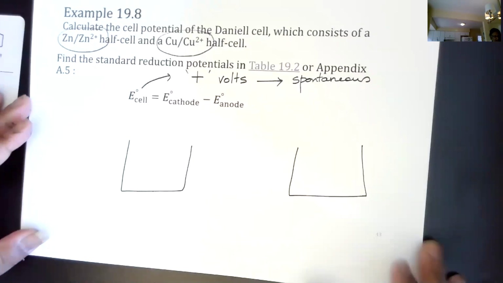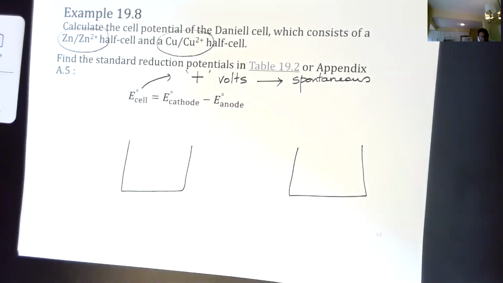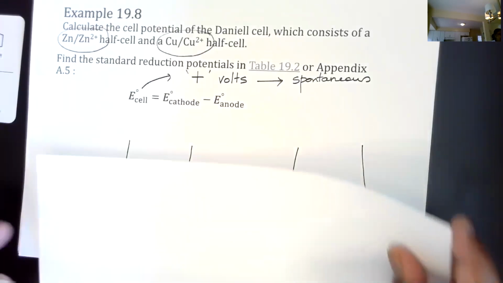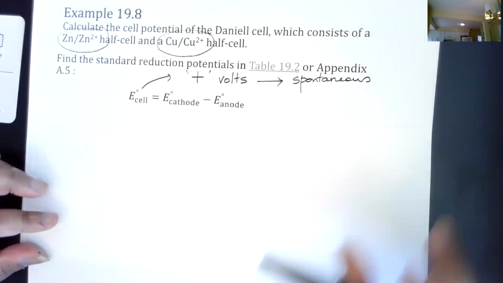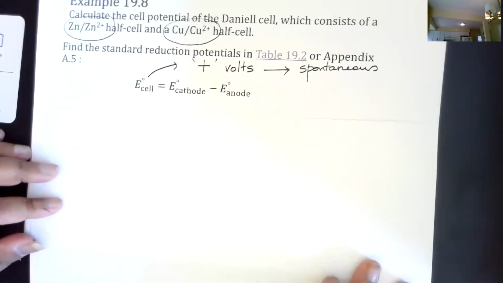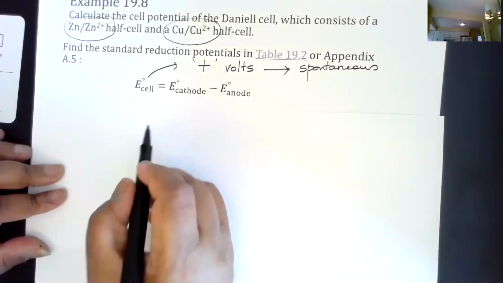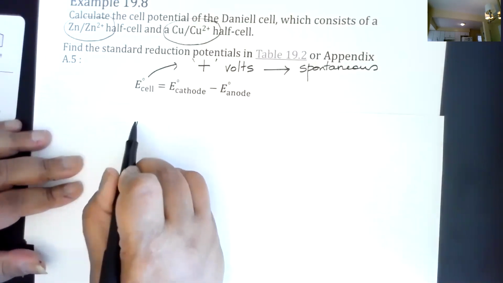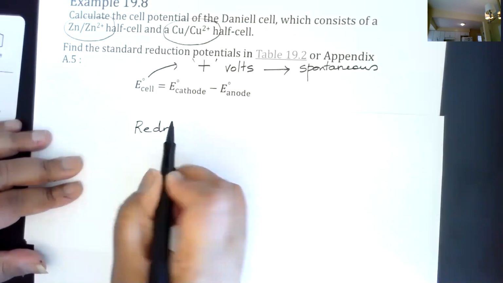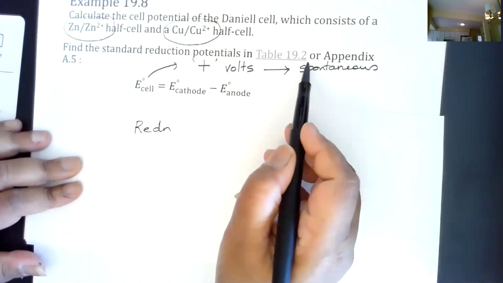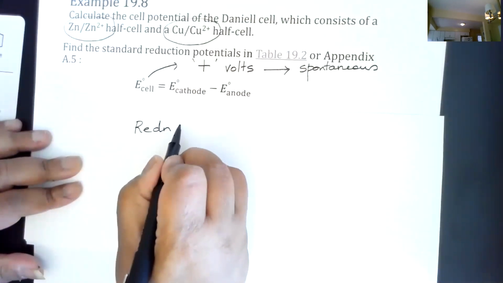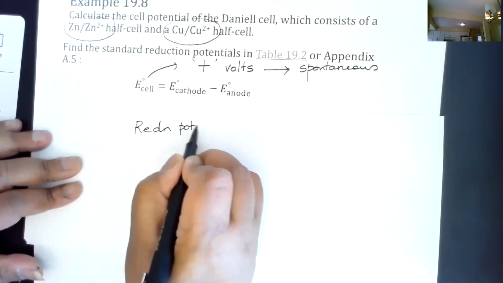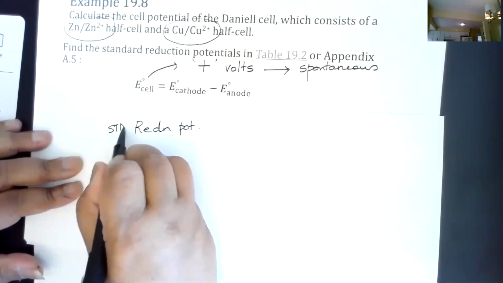So how do I pick the right anode and the correct cathode? Let's look at the reduction potentials. They say find the standard reduction potentials in the table.